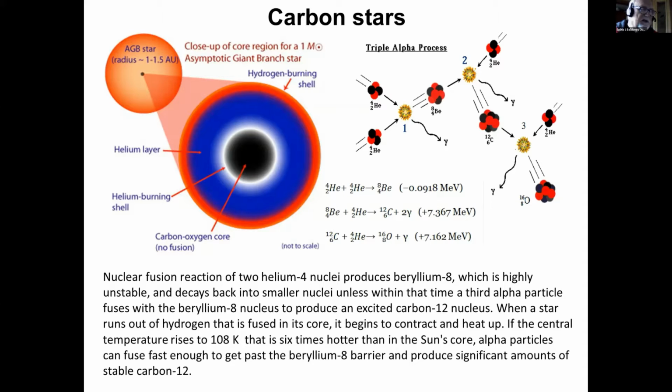In the central part of carbon stars, triple alpha fusion dominates, and fusion in the hydrogen fusion shell. From time to time, we observe helium flashes, and therefore we have carbon stars.